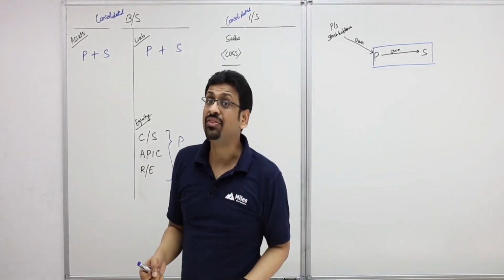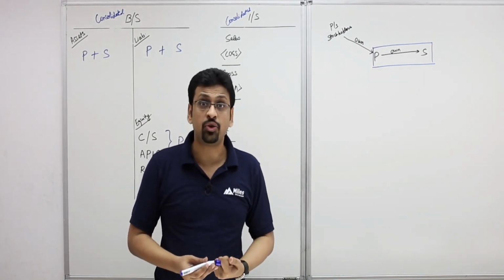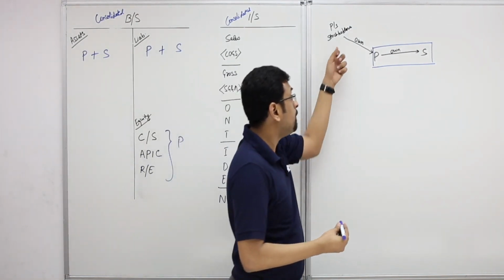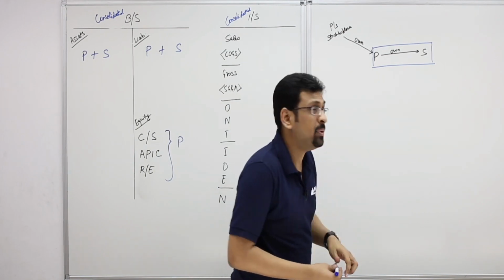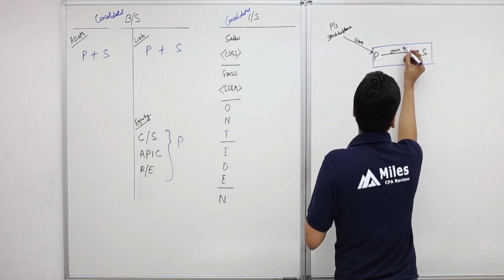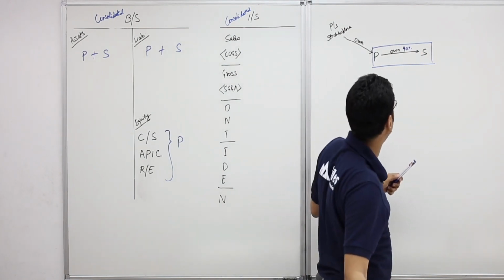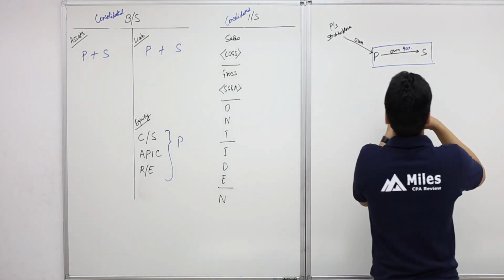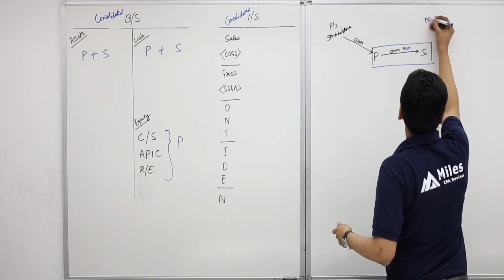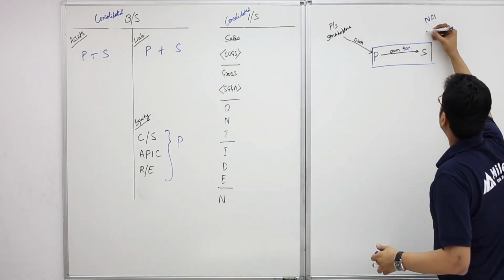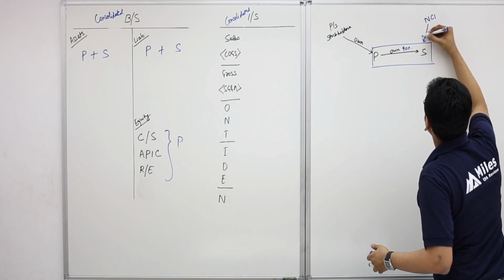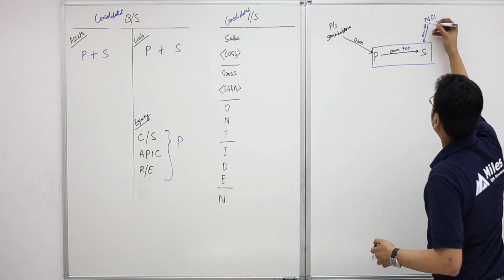Now, then we had the complication of non-controlling interest holders, where we had the parent not owning 100%. Let's say the parent owns 90%. That is where you had non-controlling interest, which owned, let's say, 10% of the subsidiary.